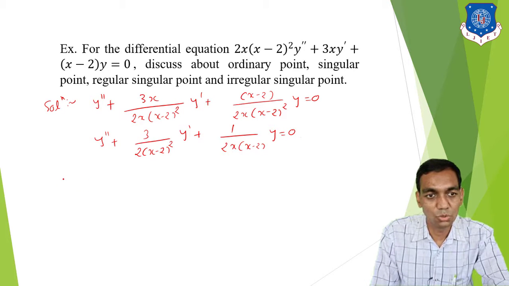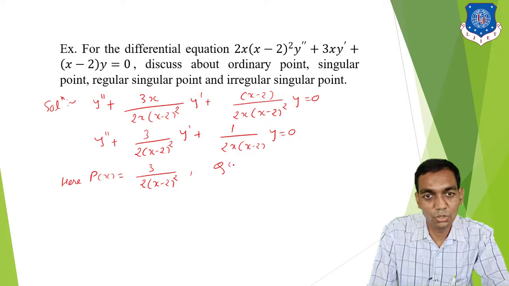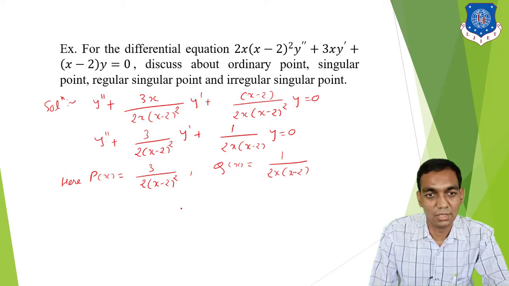Correct? So here p(x) is equal to 3 upon 2 into (x minus 2) the whole square and q(x) is equal to 1 upon 2 into (x minus 2). Correct? Okay.